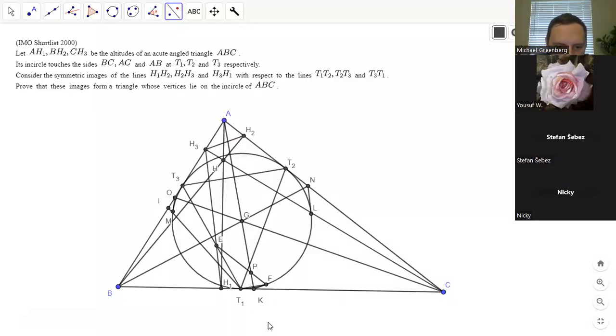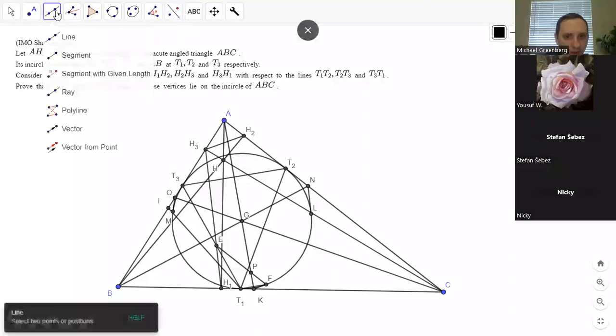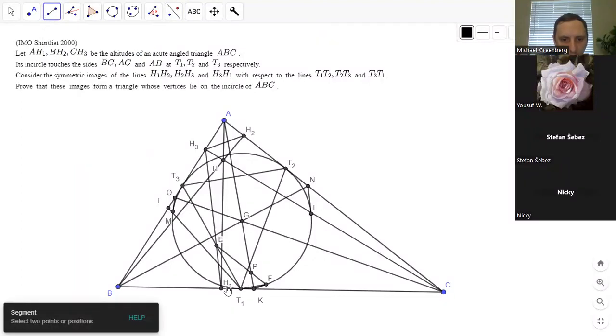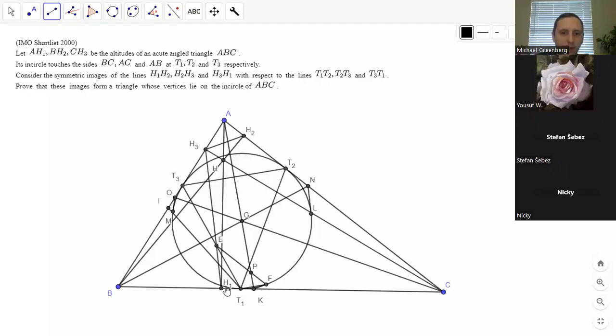Is that a well-known fact? Let's see. No, I actually guessed it. Interesting. Okay, so reflecting H over T1, T3, and we're saying it lies on the angle bisector. Yeah, that feels like it shouldn't be hard to prove, right?